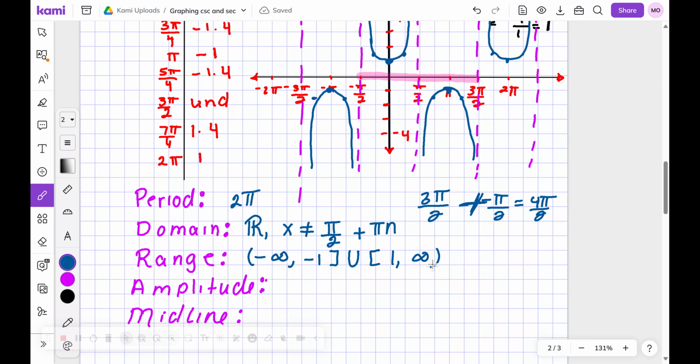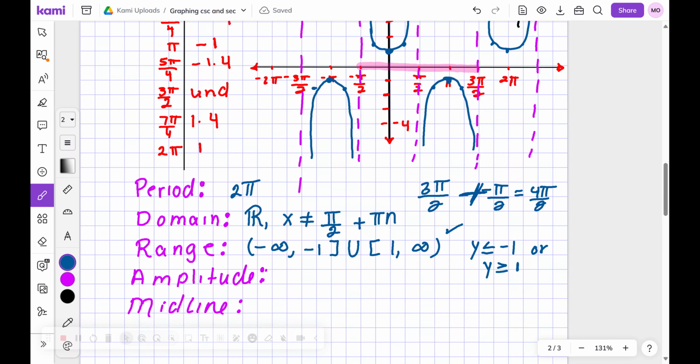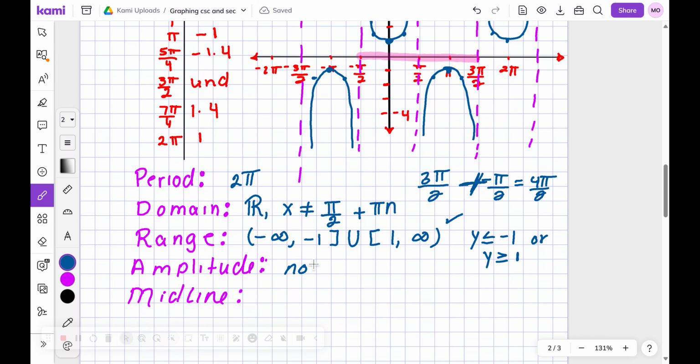Oh, and I forgot to tell you that there is another way of writing that range. You can also say y is less than or equal to -1, or y is greater than or equal to 1, okay? This is how I wrote it in your formative, but this is another way of writing it. There is no amplitude, and the midline is y equals 0, and there are no transformations because we just graphed the parent functions.